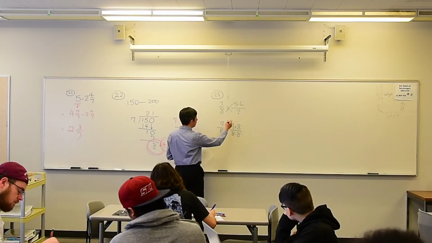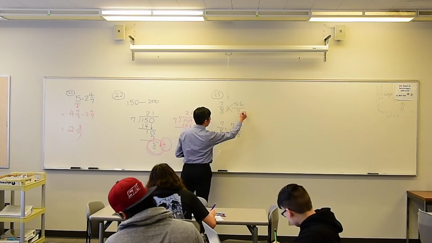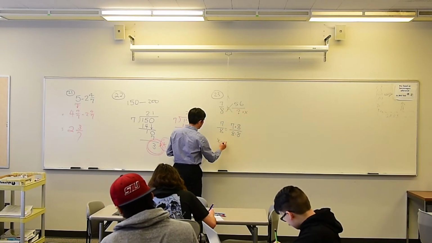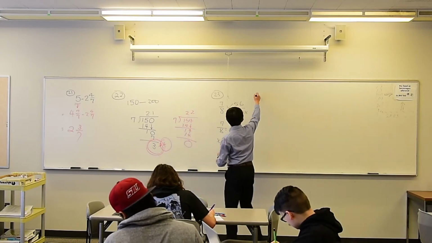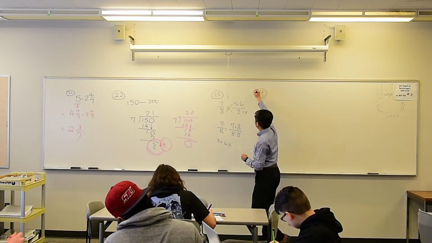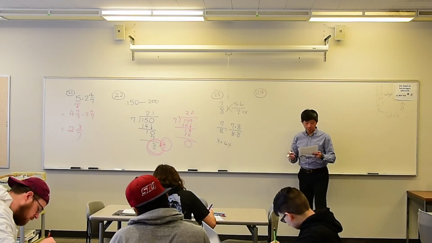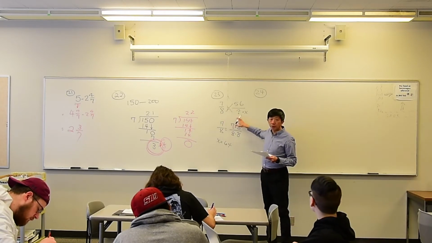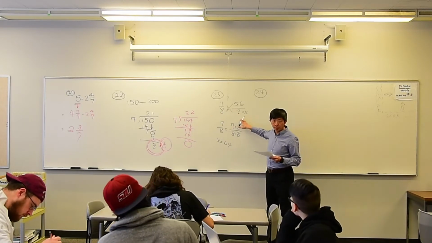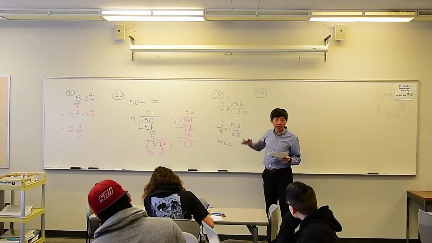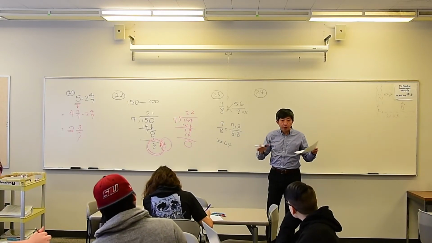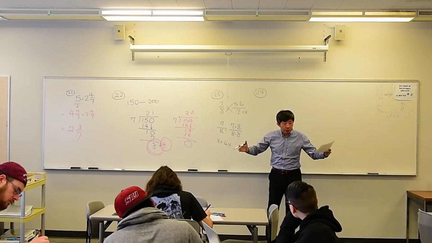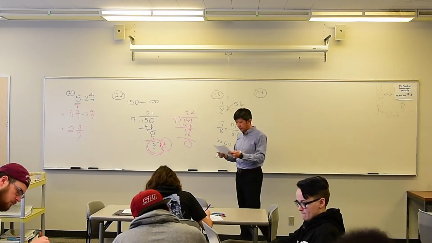So therefore, x will be equal to 64, right? Any questions? Okay, and what is this? Equivalent fraction, right? Proportional reasoning, right? Two ratios that are the same fraction, so therefore, this is a proportion, okay?